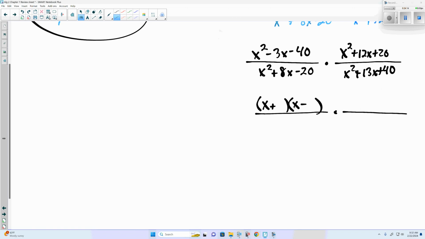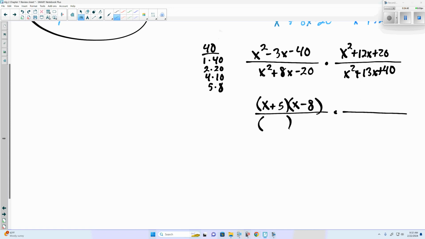Factors of X squared are X and X. Now our factors are 40: 1 and 40, 2 and 20, 4 and 10, 5 and 8. For time's sake, I'm just going to tell you it's 5 and 8. 5 is going to be positive, 8 is going to be negative.